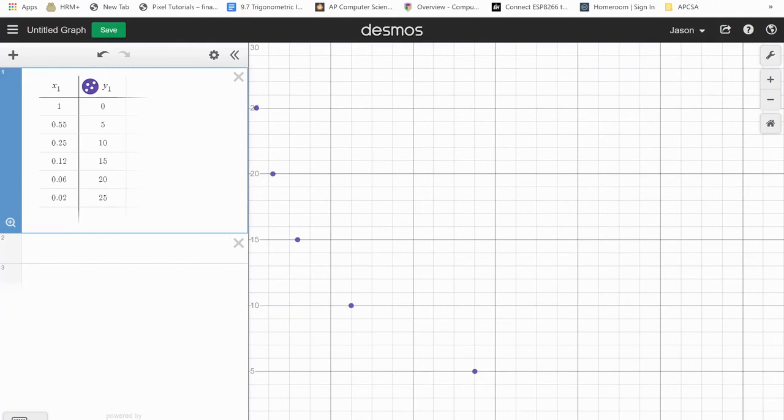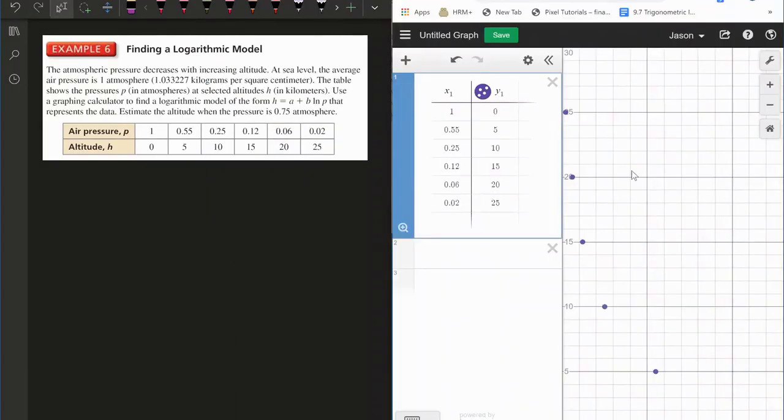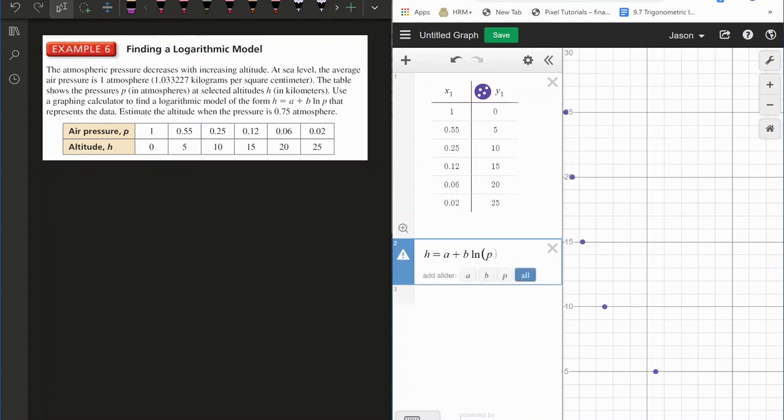So looking back at the text, it says, use a graphing calculator to find a logarithmic model of the form h equals a plus b natural log p. So I'm just going to put h is equal to a plus b ln p. That's my formula.